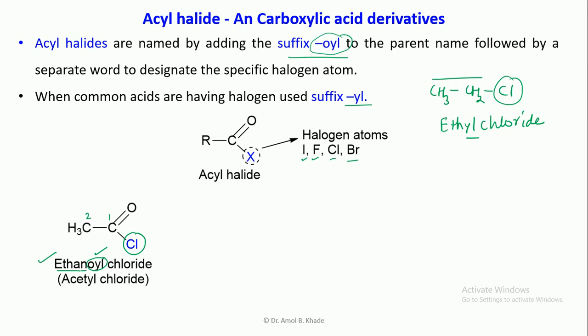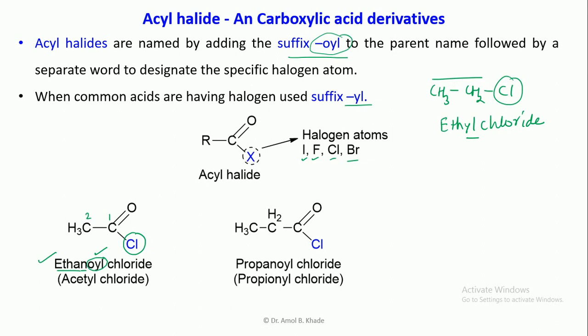Acetyl chloride is again an important compound in organic chemistry. Similarly, you can see again there is a chlorine, then this will be 1, 2 and 3. So it is propane, the e is dropped and oyl is attached, so it is propanoyl chloride, and the common name is propionyl chloride.